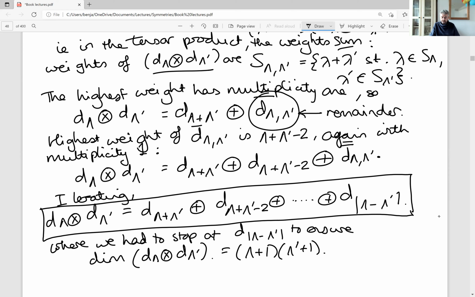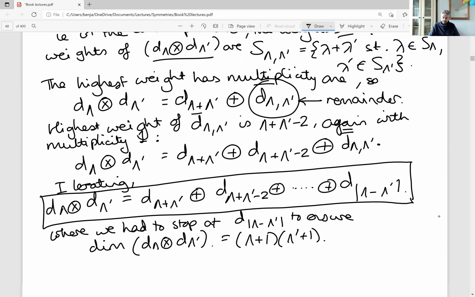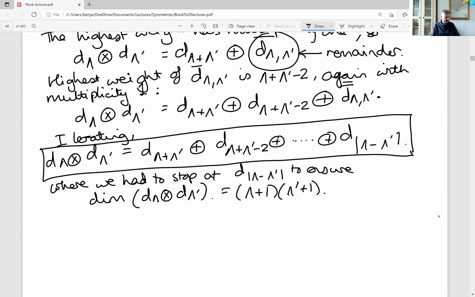But you can check that summing up all the terms on this right hand side gives you the same result if we only go down to mod lambda minus lambda prime. For an example, let's check a result that we already know and plug it into this formula. So if we take d1 cross d1, this formula gives us d2 plus d0.